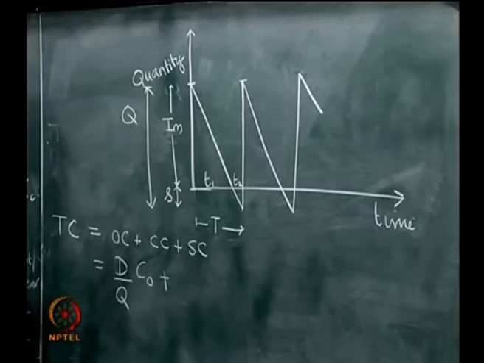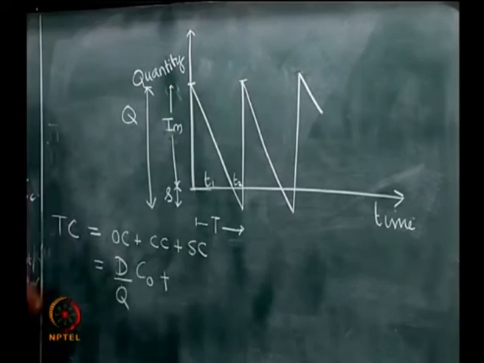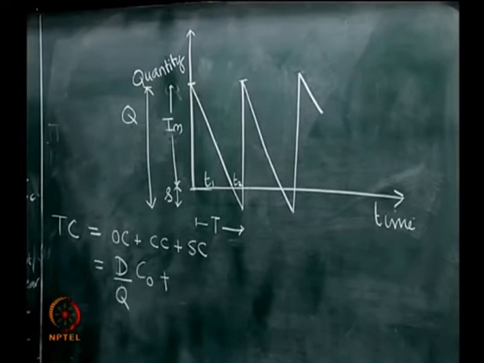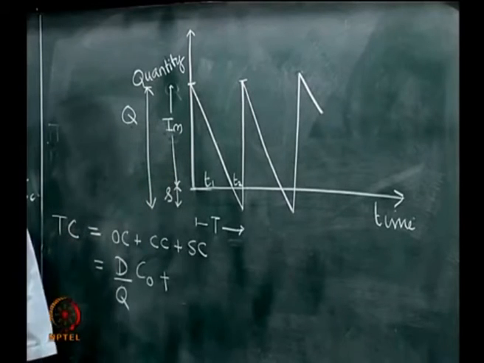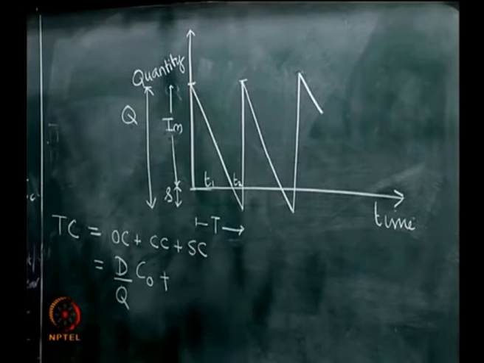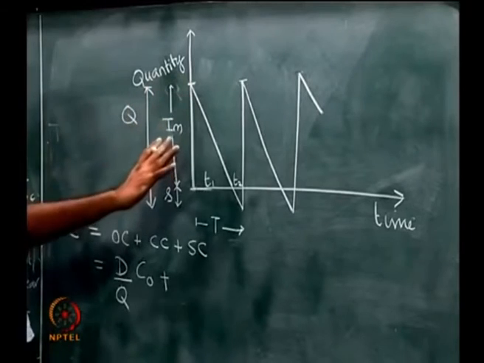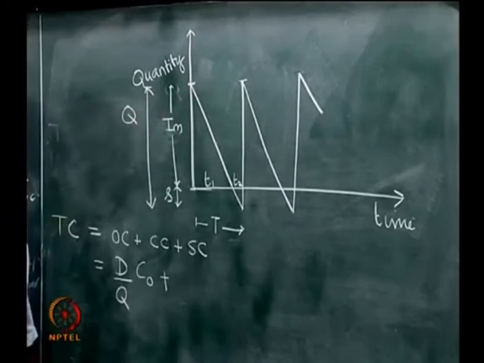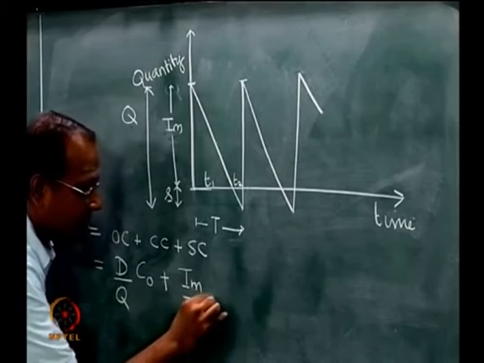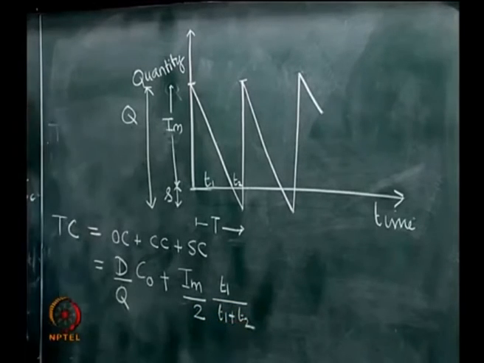The average inventory of IM by 2, just as we got Q by 2 in the earlier model, is held for a period T1. An average inventory of 0 is held for a period T2. Therefore, the average inventory as such at any point will be IM by 2 into T1 by T1 plus T2.